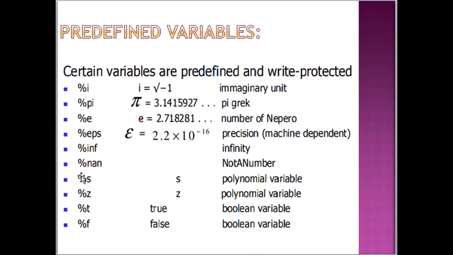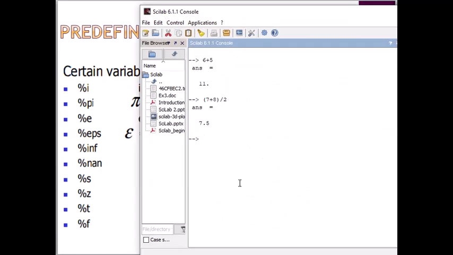If we write percentage i, then we get the complex value, and if we write percentage pi, then we get the value of pi. So all these variables are already defined in our software.